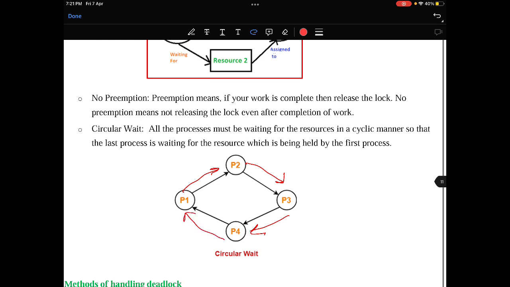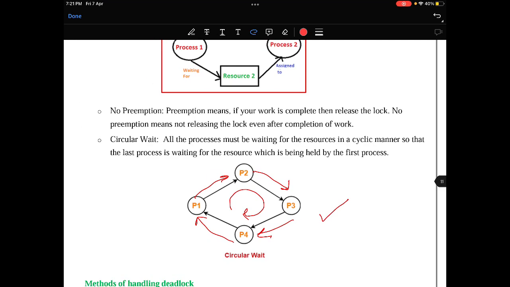So each and every one is waiting for another to release the resource so that they can complete the transaction. This condition is circular wait. So if all four conditions occur together, it is deadlock. If all four conditions are true, then deadlock will definitely occur.